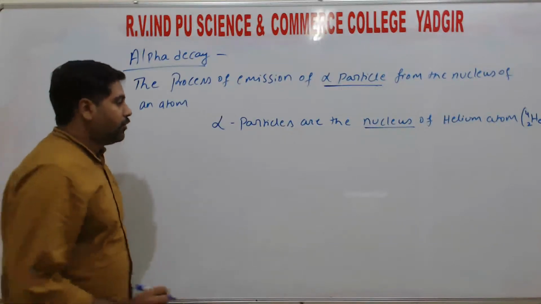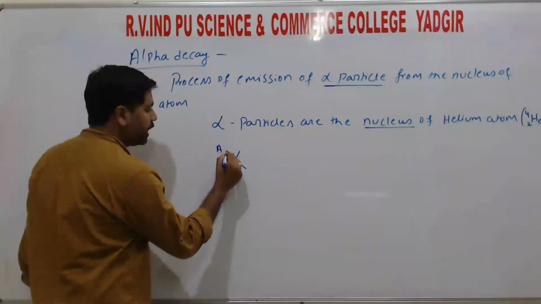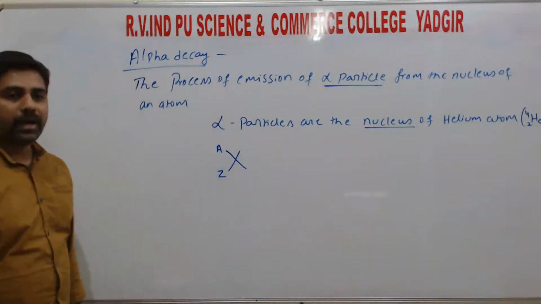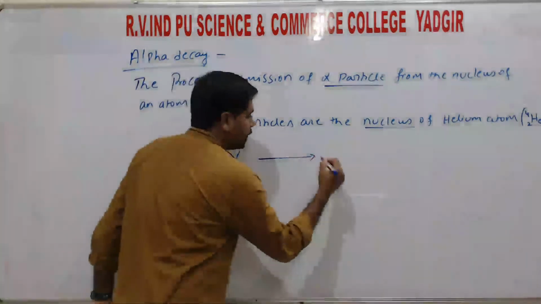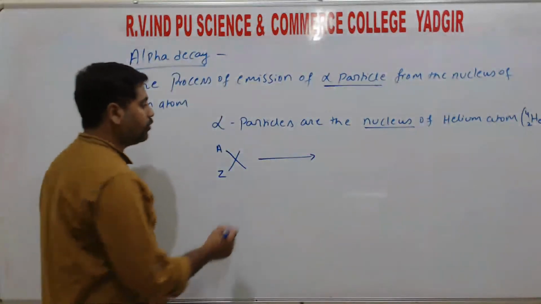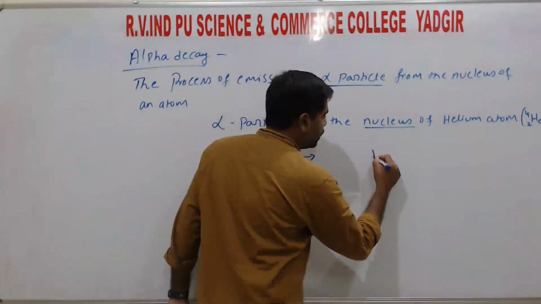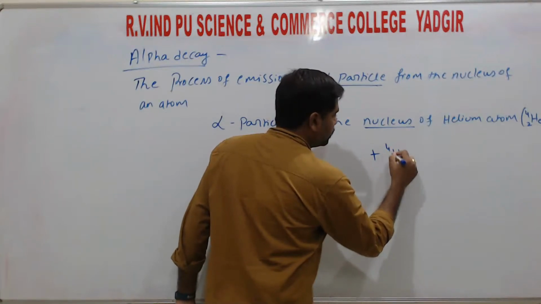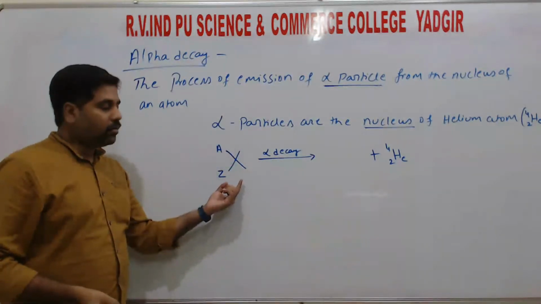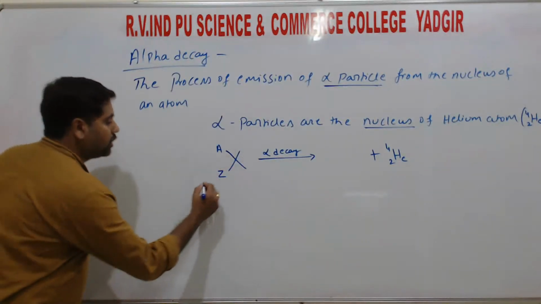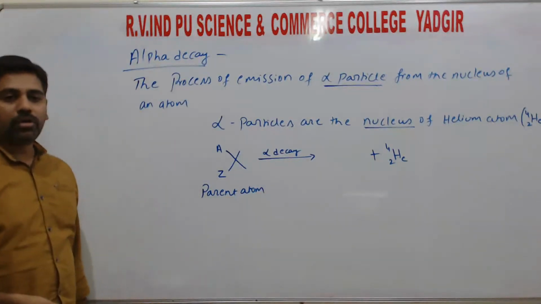In alpha decay, if we consider the element X, it has mass number A and atomic number Z. From the nucleus of this atom, during alpha decay, it emits the helium nucleus, that is He 4 with atomic number 2.